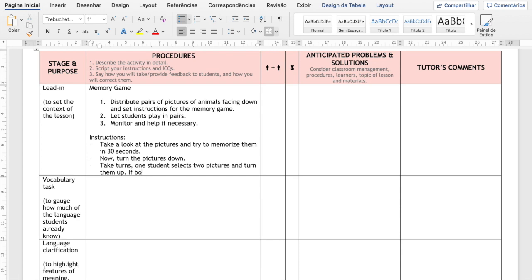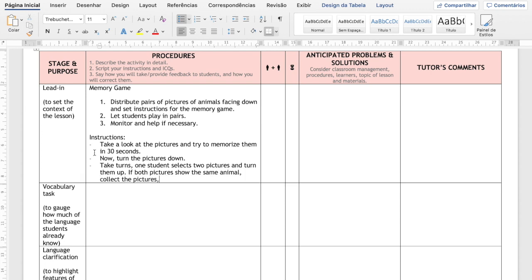If both pictures show the same animal, collect the pictures.